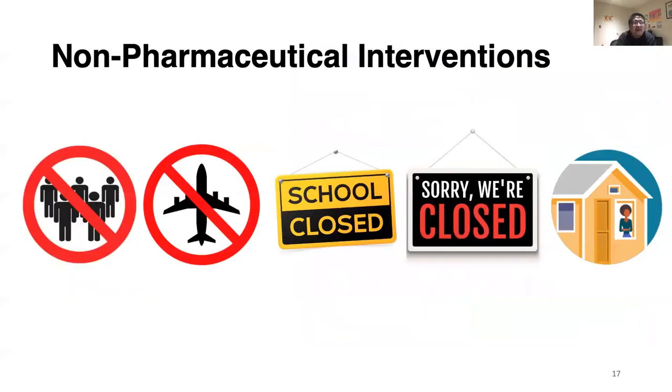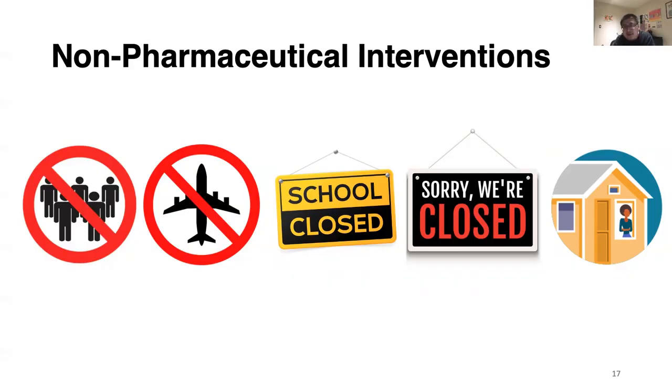And in addition to the prediction of number of cases or the number of deaths, there has also been research trying to understand the impact of the non-pharmaceutical interventions, or NPIs. So the NPIs such as the gathering ban, travel ban, school closure, business closure, and the stay at home are among the most effective ways of controlling the spreading of COVID-19.